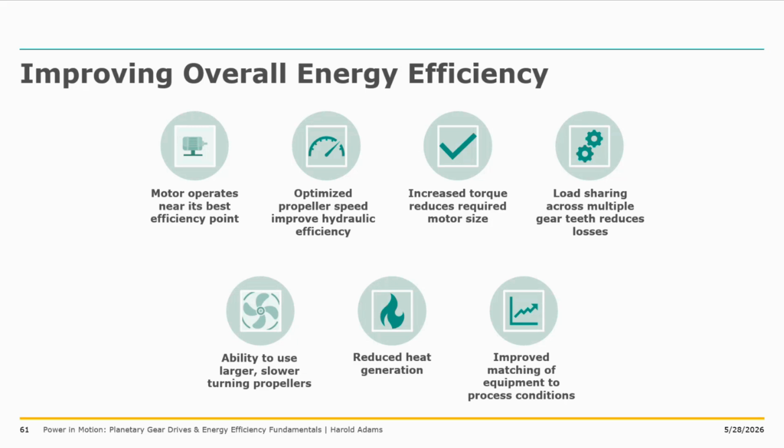The increased torque, reducing required motor size, allows us to operate in mix with a lower power consumption and reduce heat generation. We're using work more effectively and efficiently with the same electrical inputs.